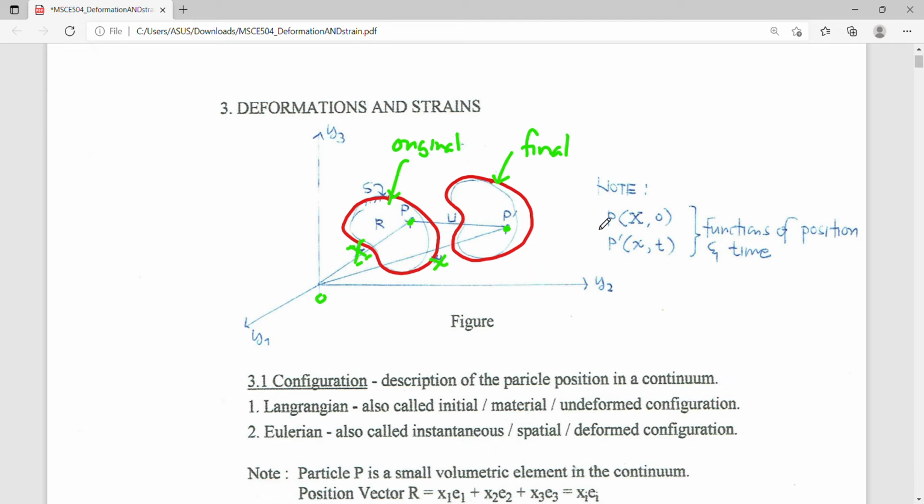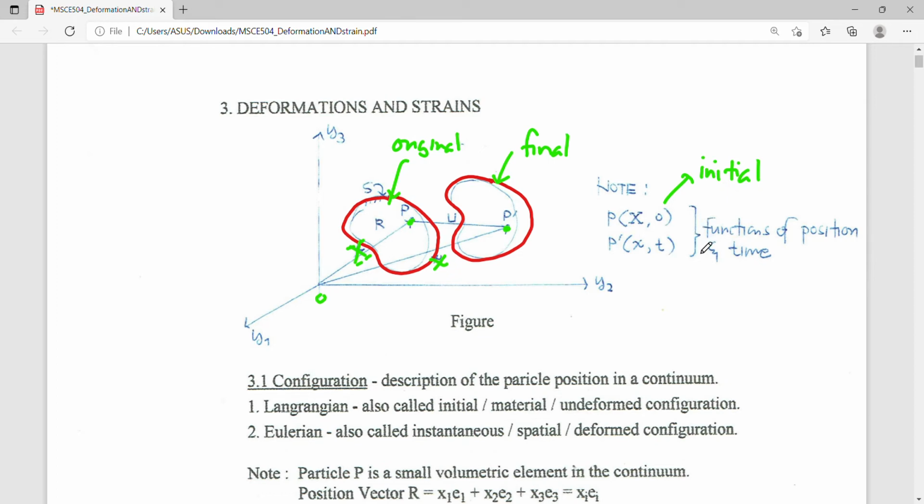And therefore P is a function of big letter X, or capital X, at initial time 0, and P prime is a function of small letter x at a certain time t.